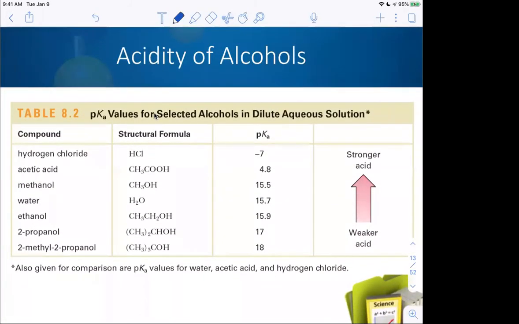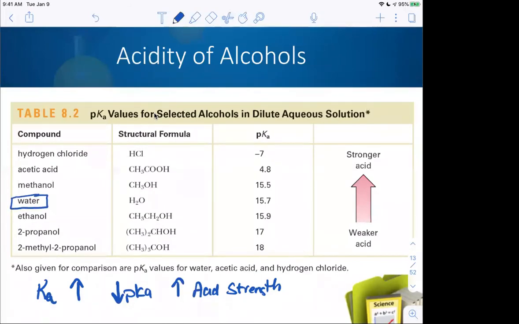So when I put this in my pKa value chart, remember, the lower the pKa, the stronger the acid, and that's going to be the higher the Ka. So when I look at this, notice here's water.